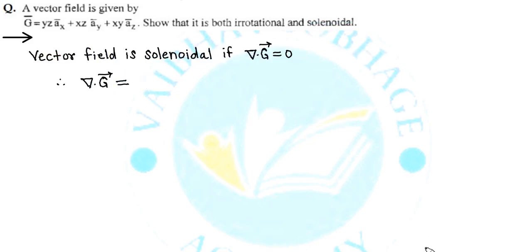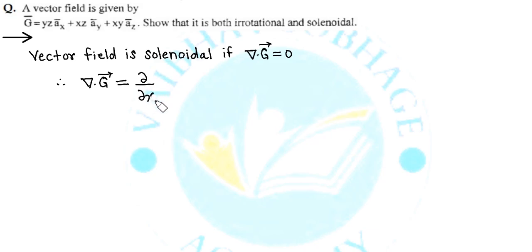So we have written it over here again that a given vector field is said to be solenoidal or divergence-less if the divergence of the given vector field is equals to 0. Now since this given vector is expressed in terms of the rectangular or Cartesian coordinate system, we are going to write the divergence of your given vector g in terms of the rectangular system.